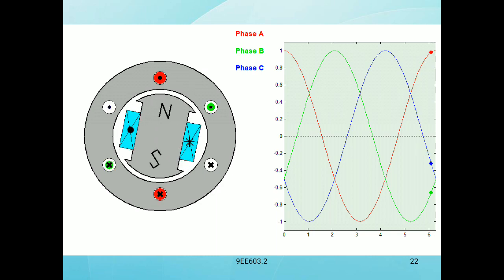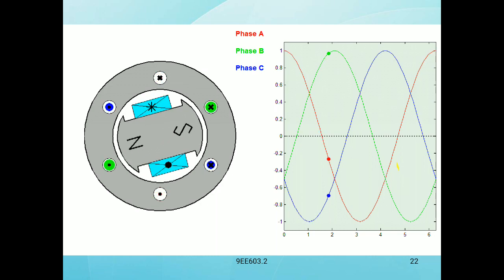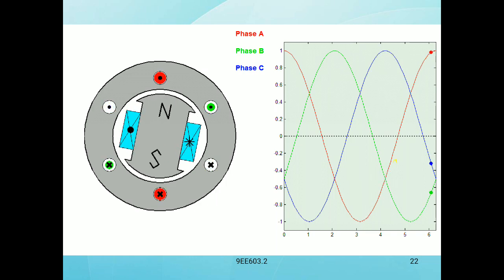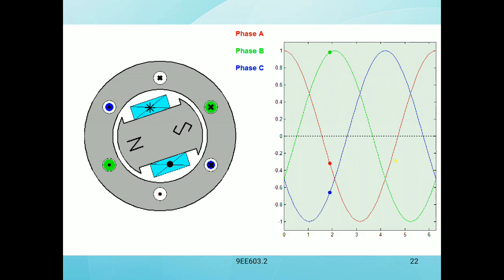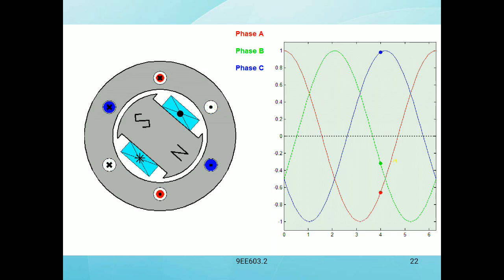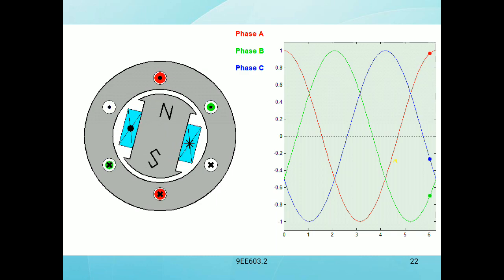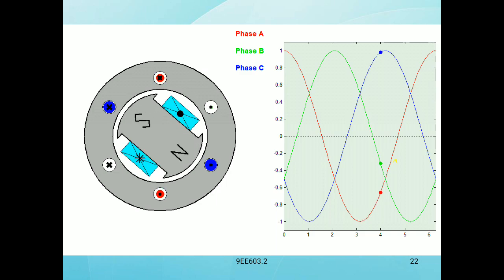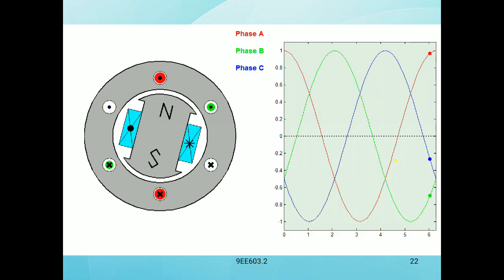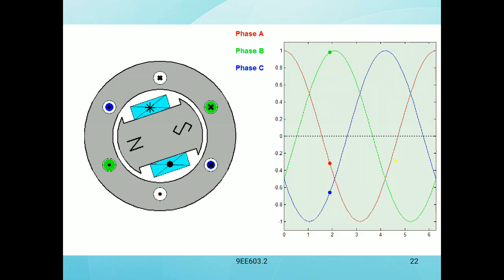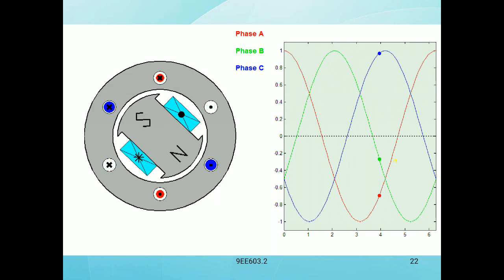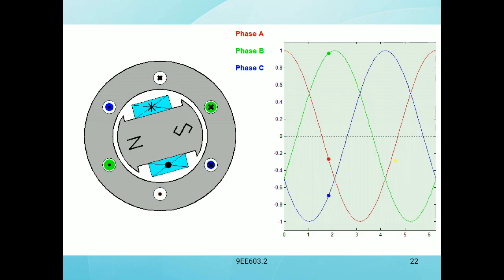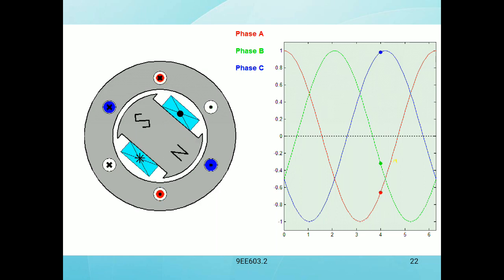When the north pole attains the cross mark here, the value is maximum. When the north pole crosses the dot value, it is negative maximum.